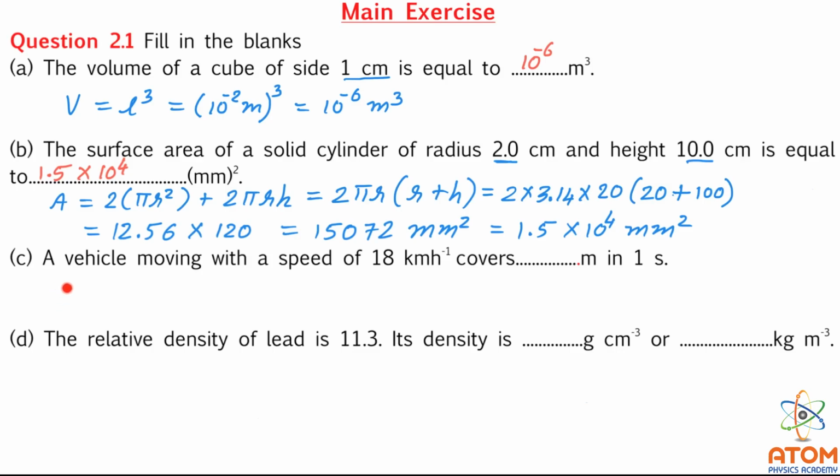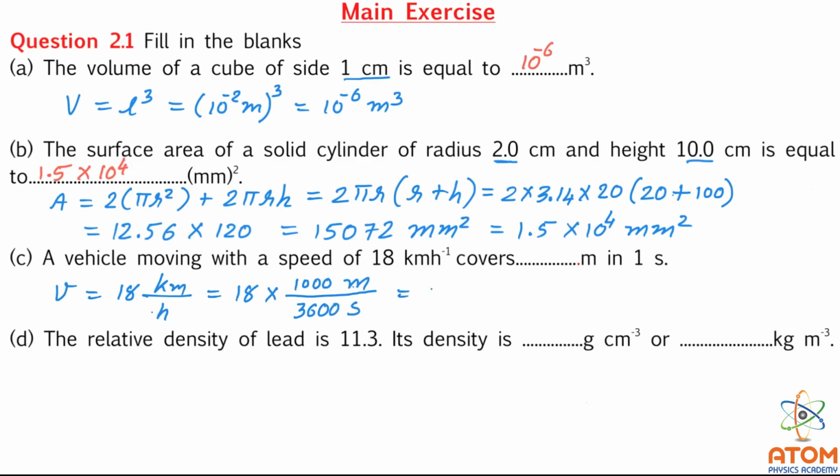First of all, the speed V is 18 km upon hour. So this is 18 multiplied by 1 kilometer, which is 1000 meter, divided by 1 hour, that is 3600 second.